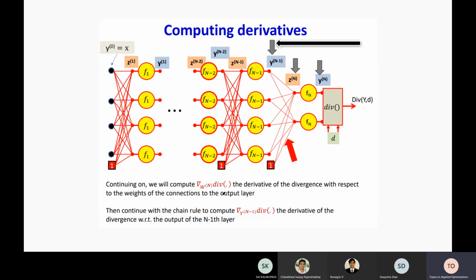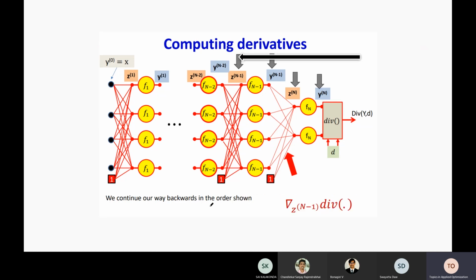Continuing on, we will compute this derivative with respect to the weights, and then continue the chain rule to compute the derivative of the loss with respect to the outputs of the n-1 layer. We keep going according to this arrow, which tells us how to go step by step.